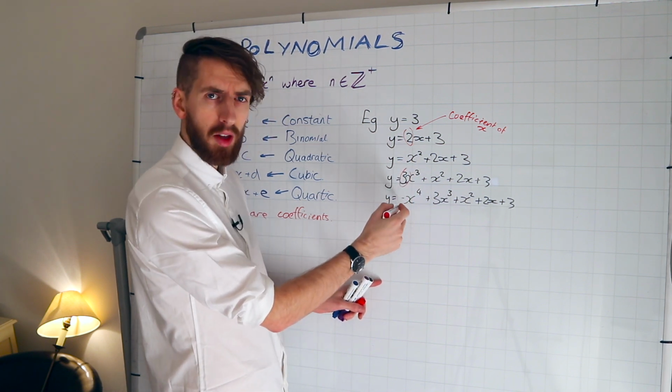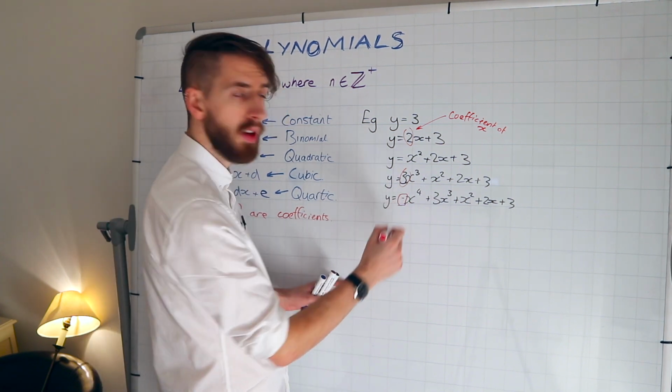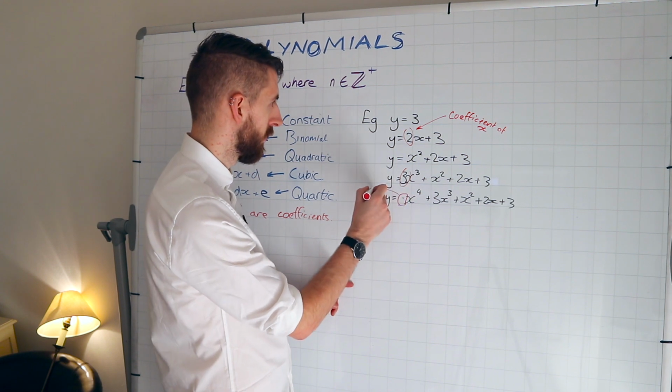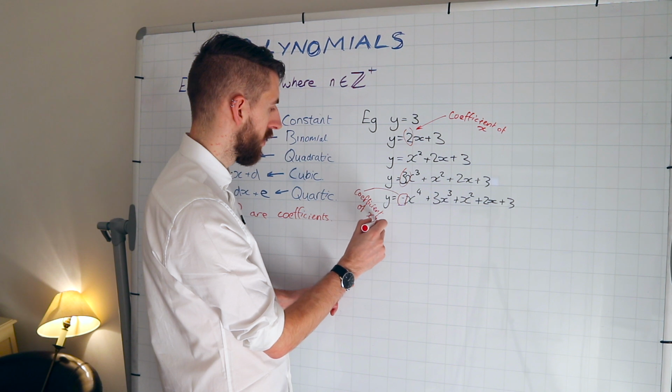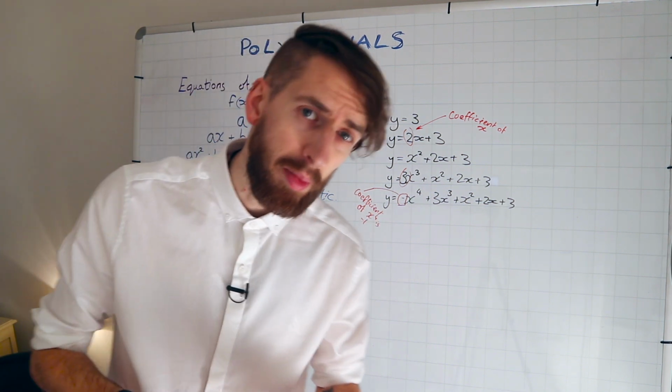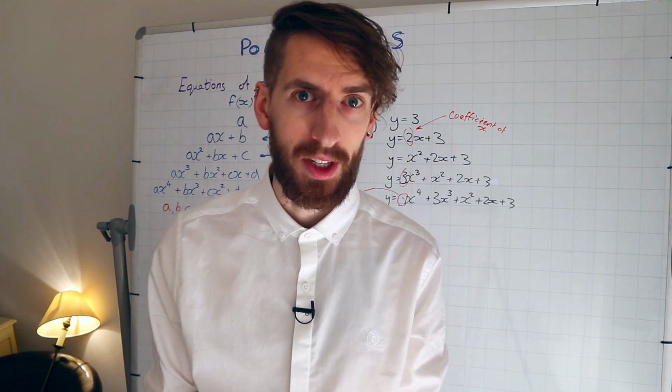The coefficient of x to the power of 4, what do you think it is there? Well, I'll tell you, it's minus 1. A lot of people forget that if it hasn't got an actual number in front of the x, then that means the coefficient is 1.